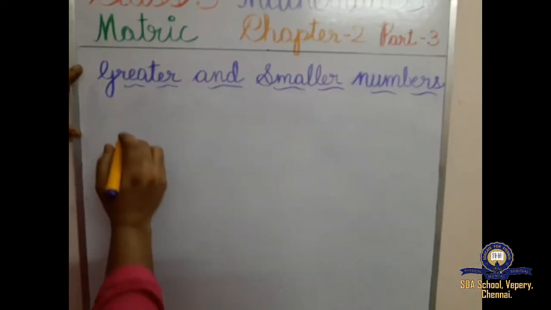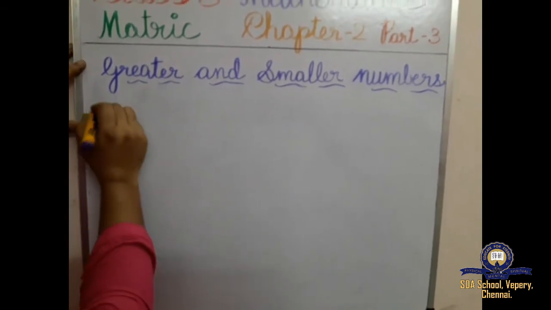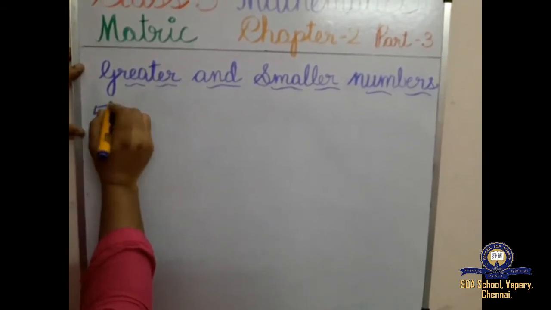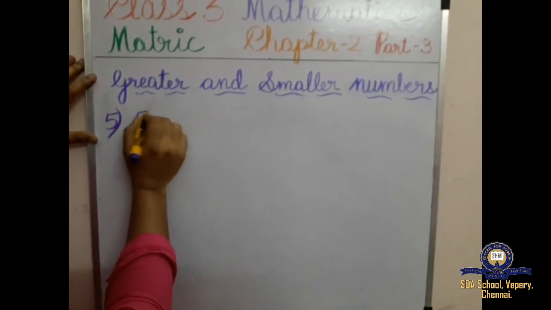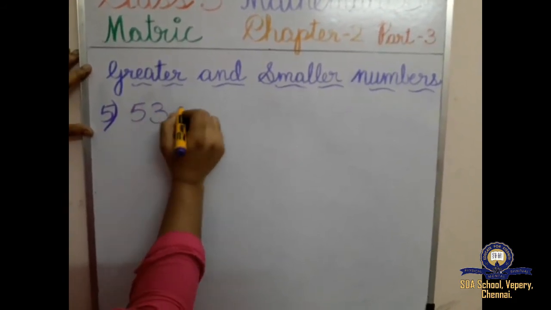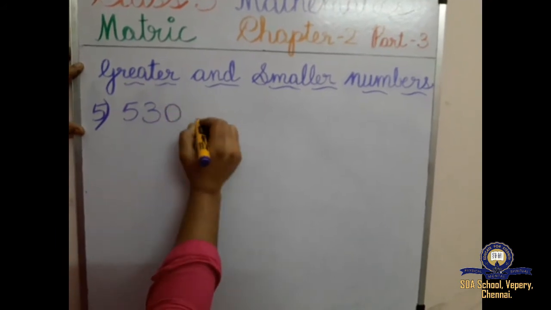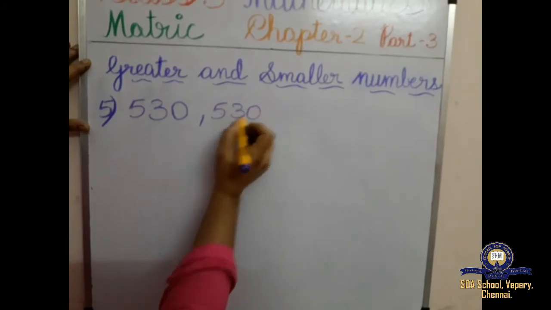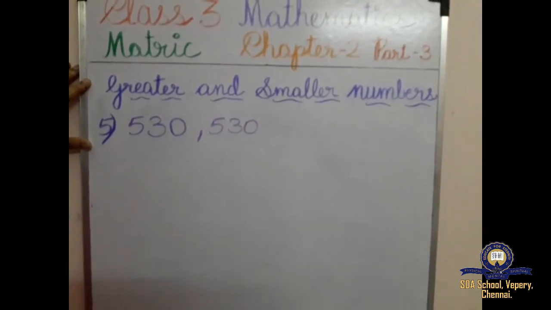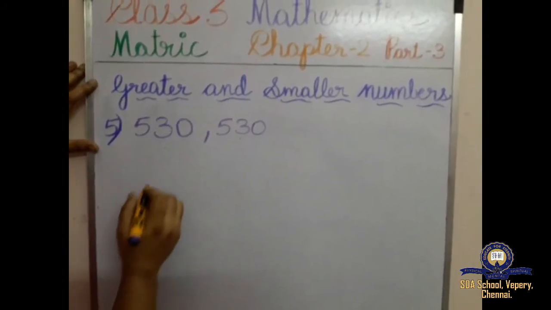Okay. Now the fifth one is if at all both the numbers are same, like 530 and 530. Here both the numbers are same. So what we can write here?